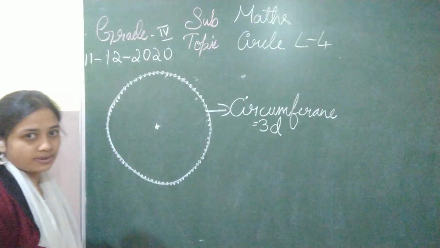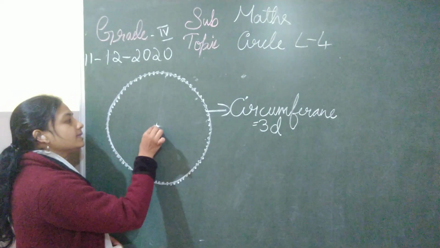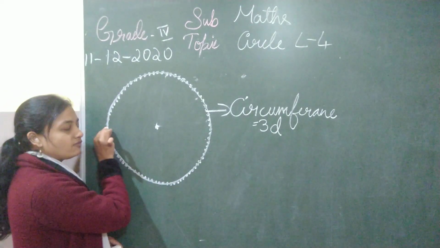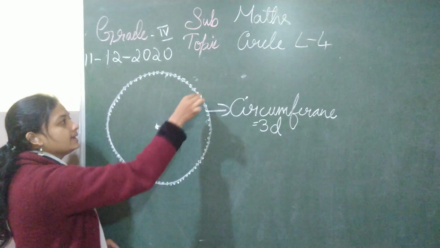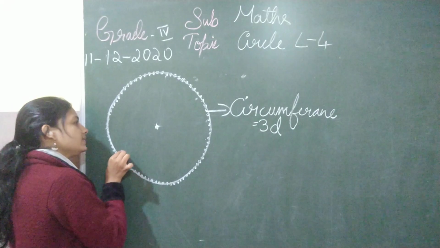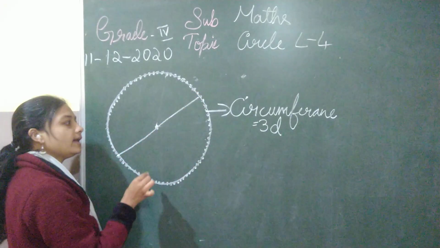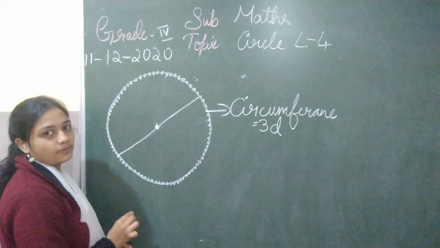I will teach you what diameter is now. It is the line which passes from one point to another point. Example, let me take this point and this point, which join these 2 points by passing through the center point.